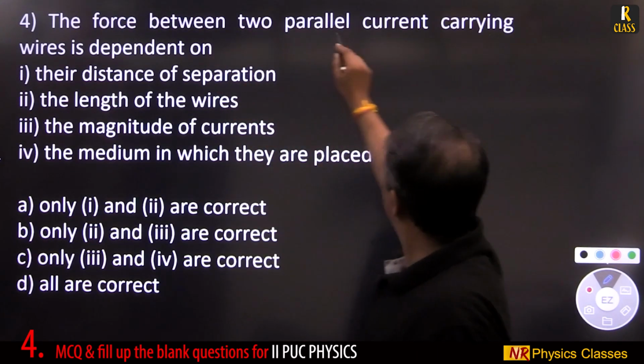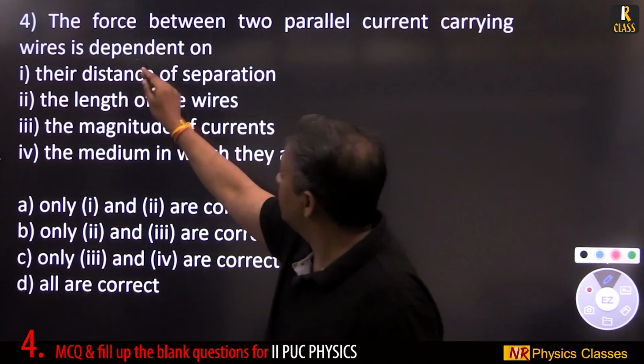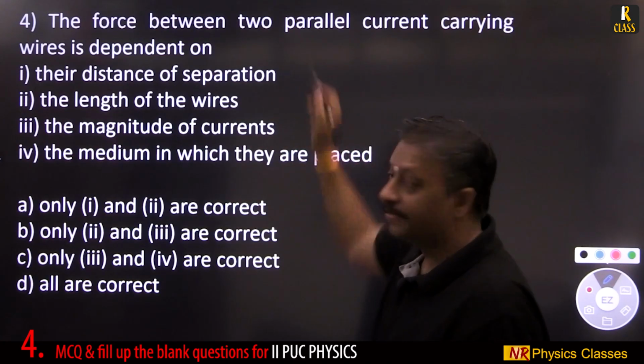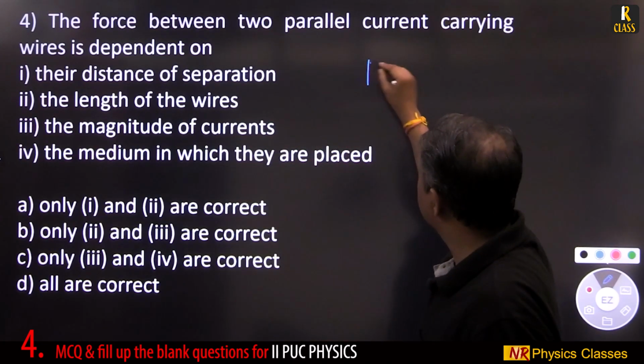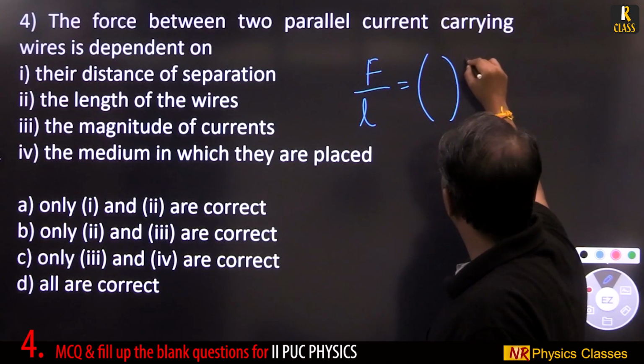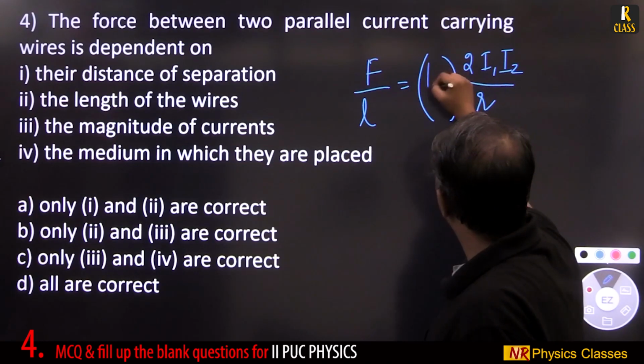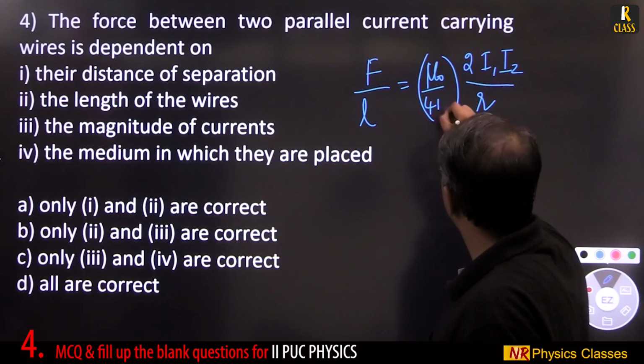The force between two parallel current carrying wires depends on what? Force per unit length is given by a constant times 2 I1 I2 by R, and this constant is mu naught by 4 pi.